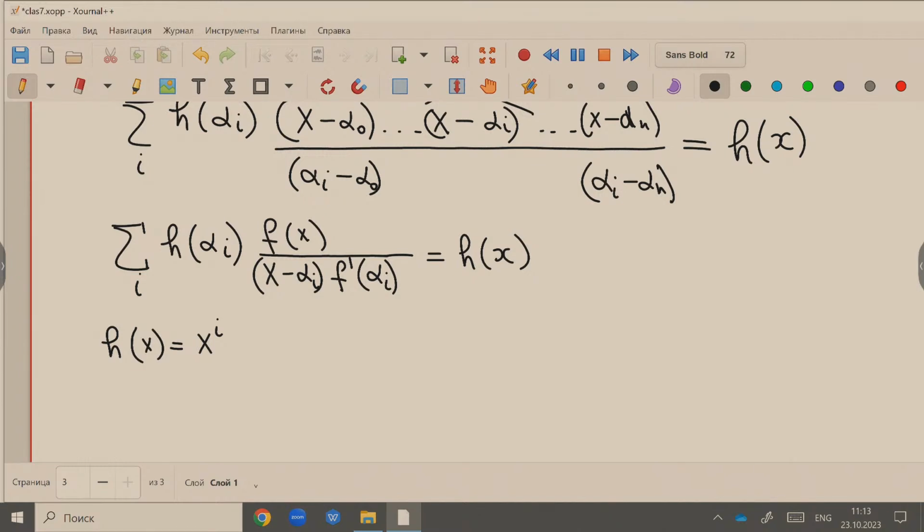If you take, for example, x^j, you want to have the root alpha j, and you want to write down the dual basis.